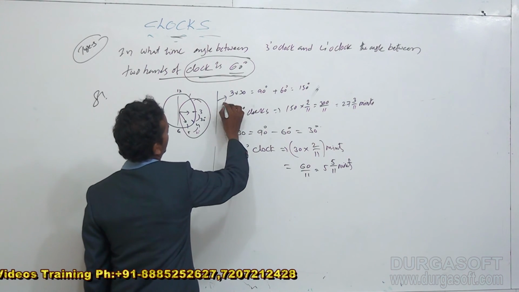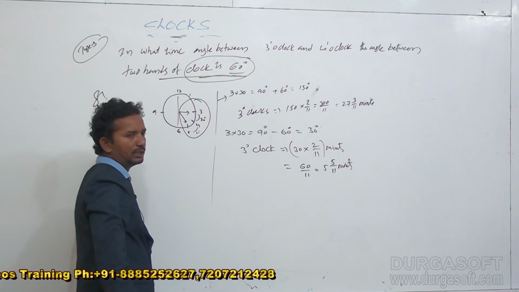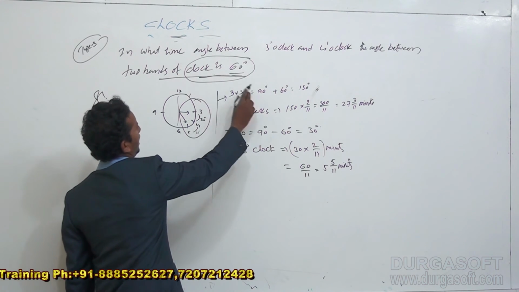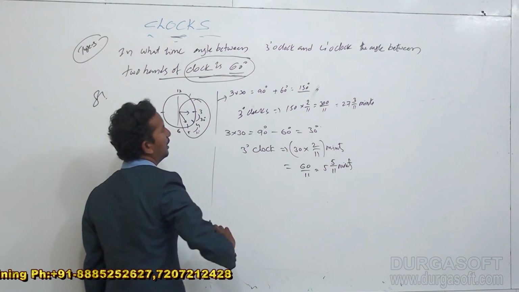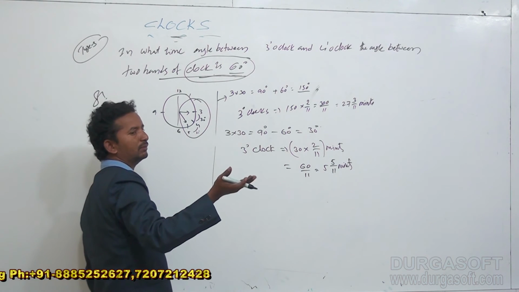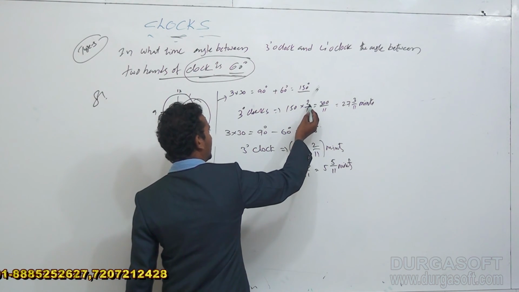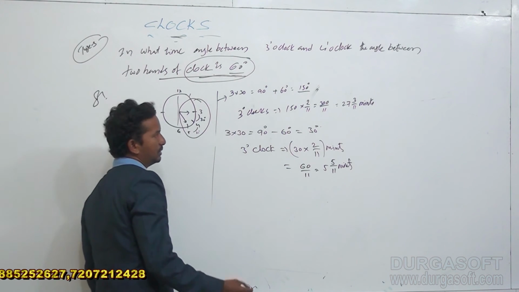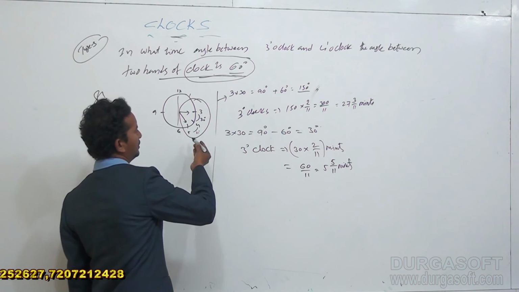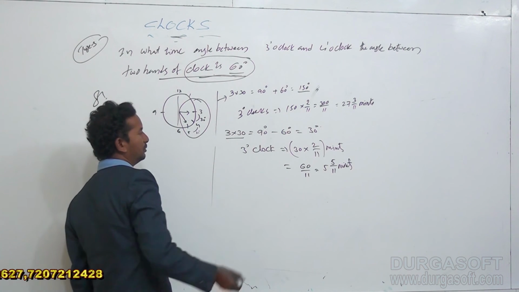Now the first part is 3 into 30, 90. So the first time I am adding the value, 150 degrees. But for 3 o'clock, coming to the conversion, the minute multiplied with 2 by 11 is equal to that one. Again coming to this one, it is calculated 2 times.